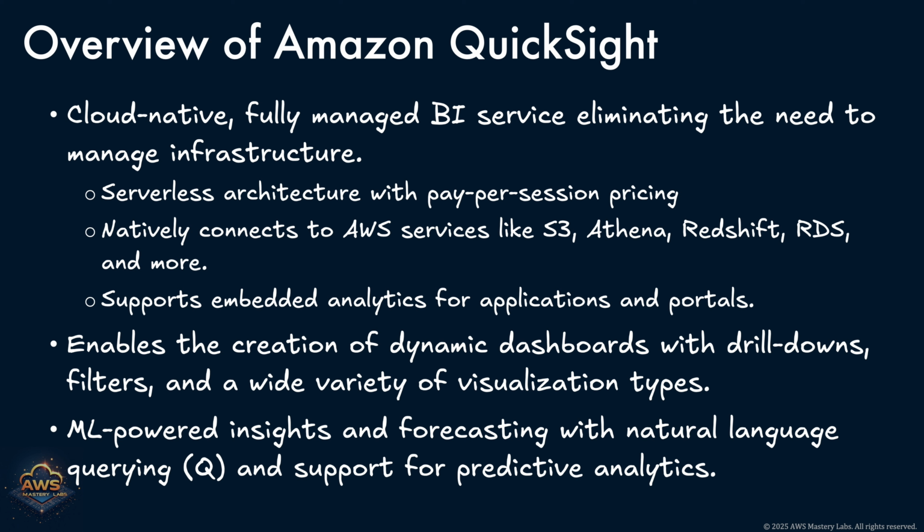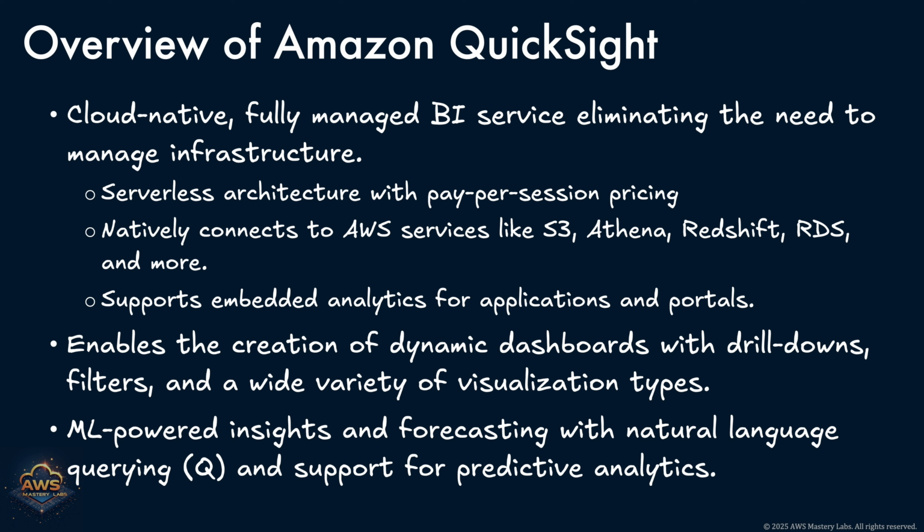For business users, QuickSight offers rich, interactive dashboards that support filters, drill downs, and a wide range of visualizations, all accessible through a clean, intuitive interface. These dashboards are not just informative, they're designed for action and exploration.